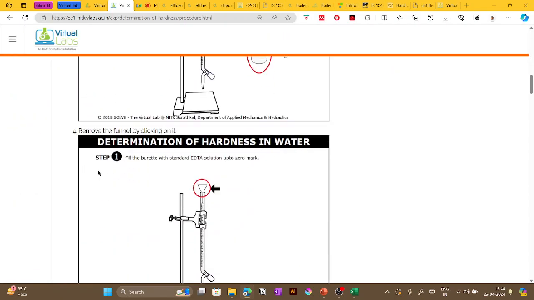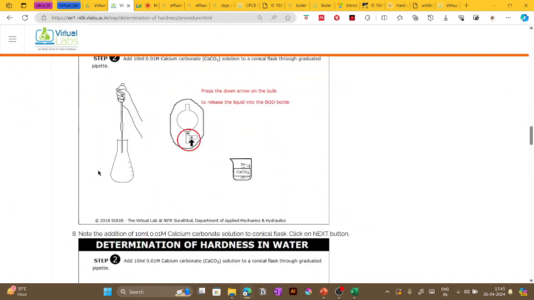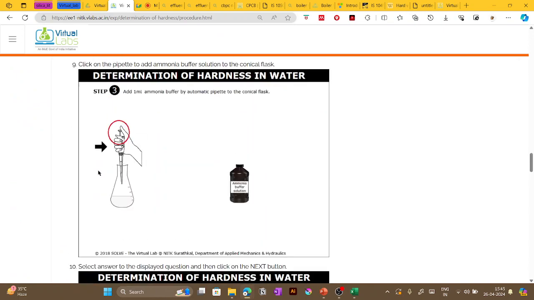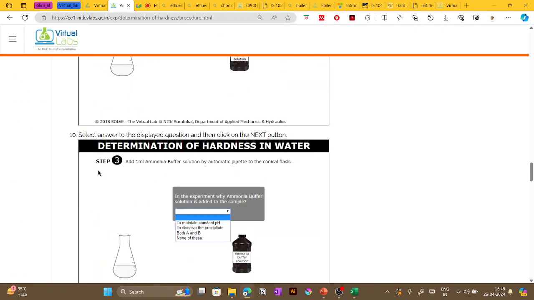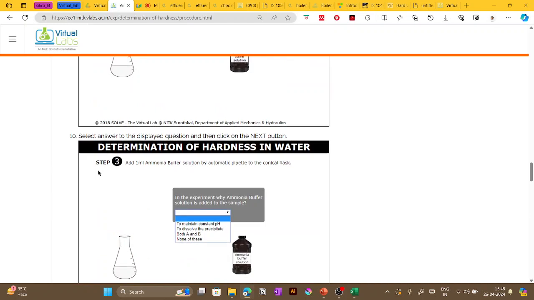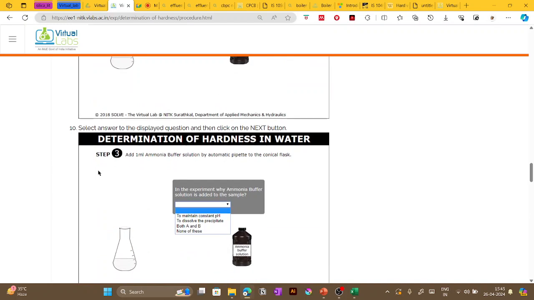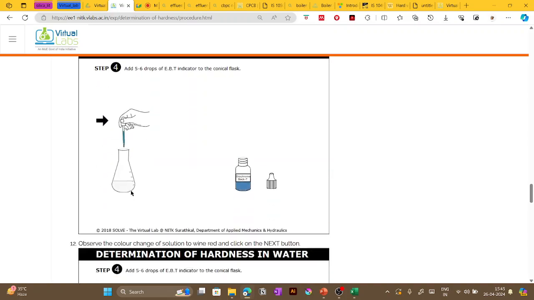Just let me confirm that question part before the solution. Dissolve the precipitate to maintain the constant pH.